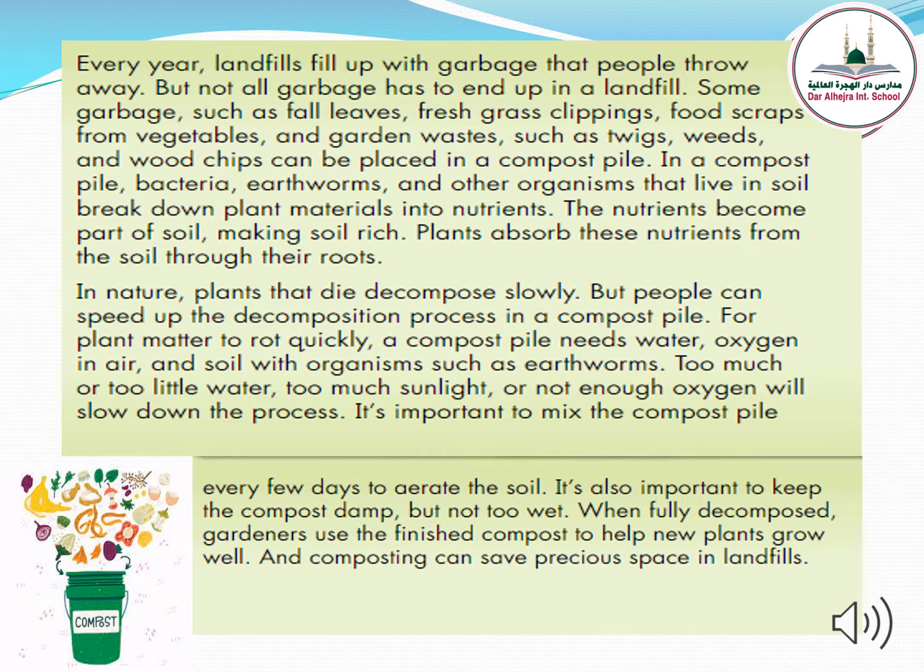You collect all your food scraps and the fall leaves or the fresh grass clippings or the twigs and weeds in the garden or the wooden chips, and you can have it in that one place. The bacteria, earthworms, or other organisms that live in the soil break down the plant materials into nutrients, and after a few years this turns into soil which is very rich.